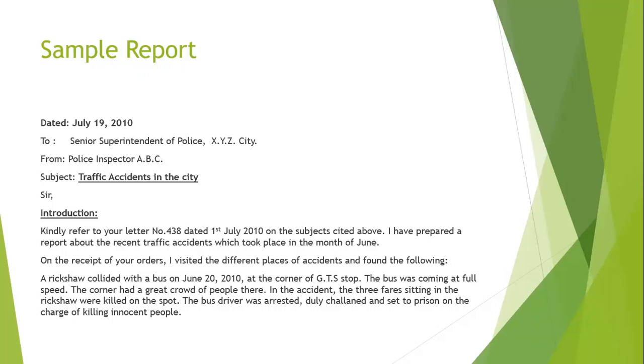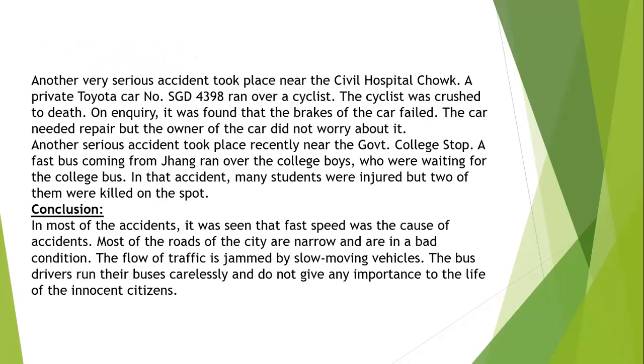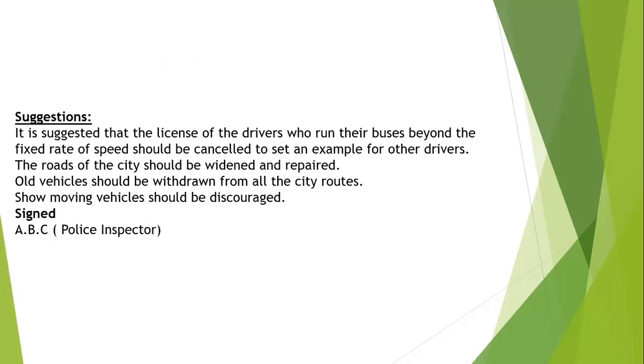You will mention the information, it should be impersonal. Then on the basis of that information, what conclusions you have drawn, and then on the basis of those conclusions, what suggestions you want to give to the authority you are writing the report for. And finally, it is signed ABC, Police Inspector, the name of the inspector.